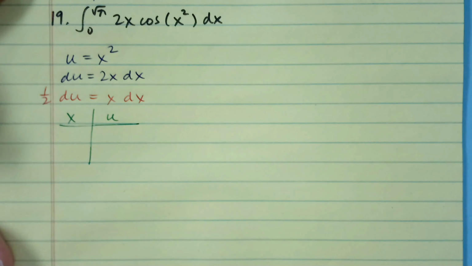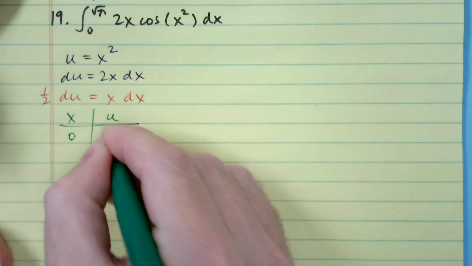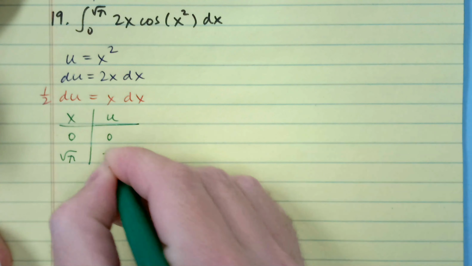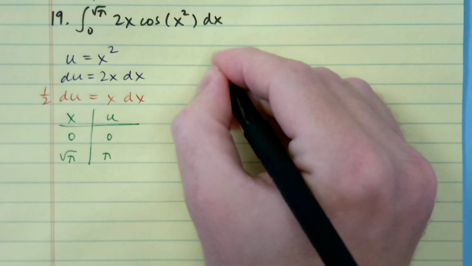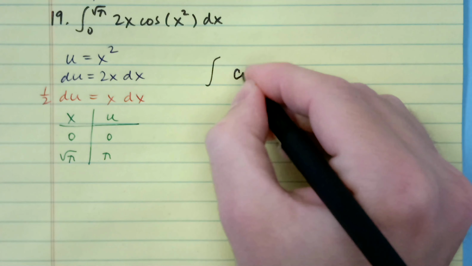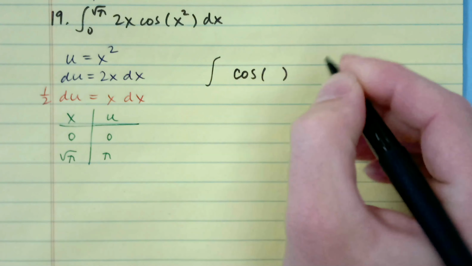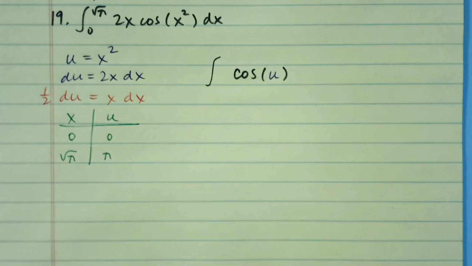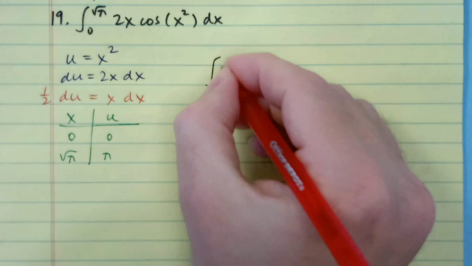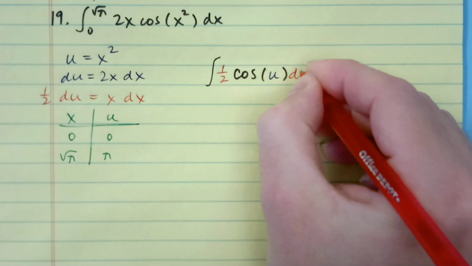Okay, so u equals x squared. And now it's time for me to convert my integral. Okay, so I'm still integrating the cosine. That didn't change. But the inside of the cosine is now u. And 2x dx is 1/2 of du.